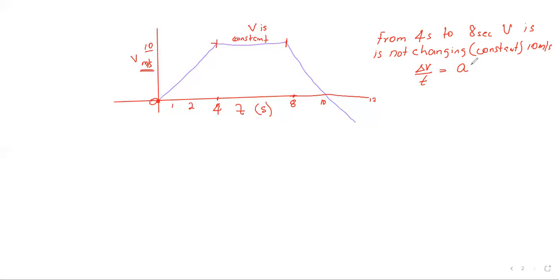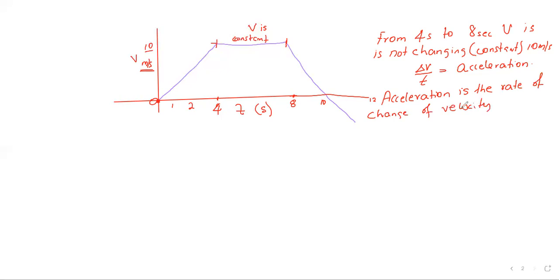Therefore, by definition, acceleration is the rate of change of velocity.